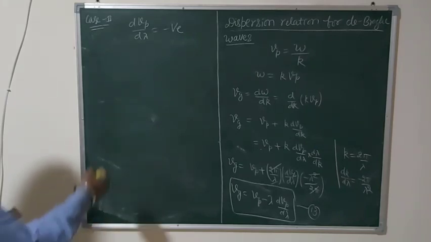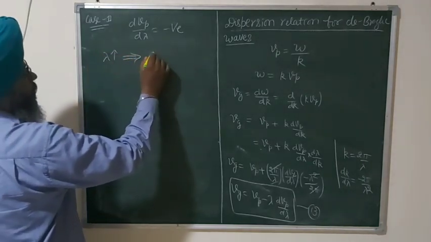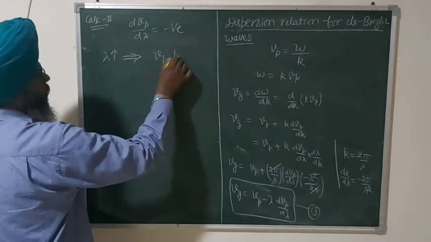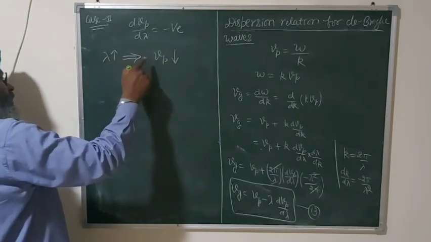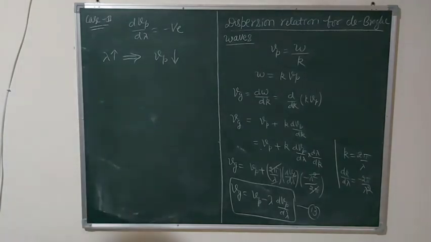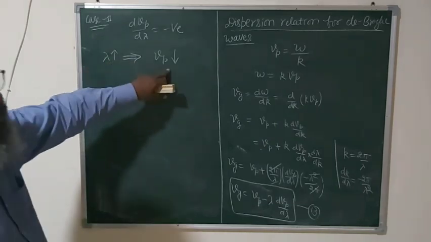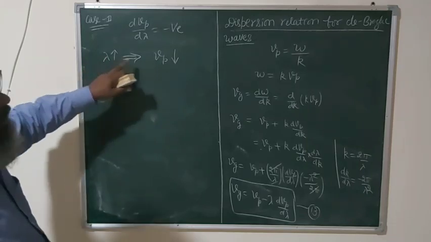It means higher wavelengths will mean low speed. Now this is not something which we discussed earlier in my 5 minute discussion in the same lecture for light. In case of light, higher wavelengths have high speed and lower wavelengths have low speed.